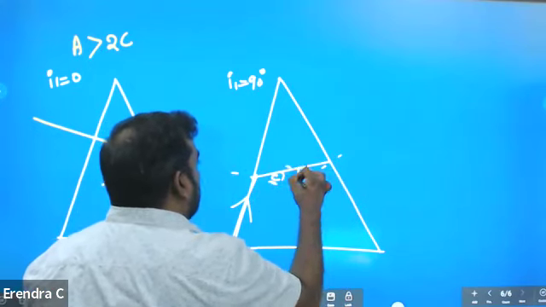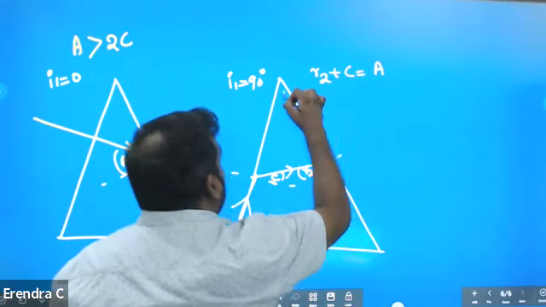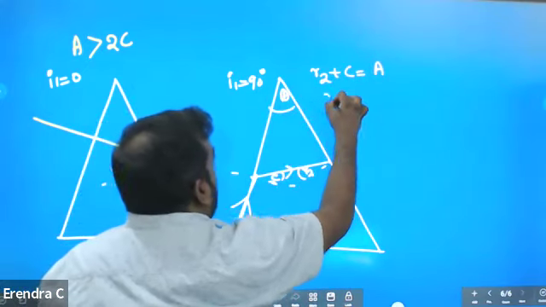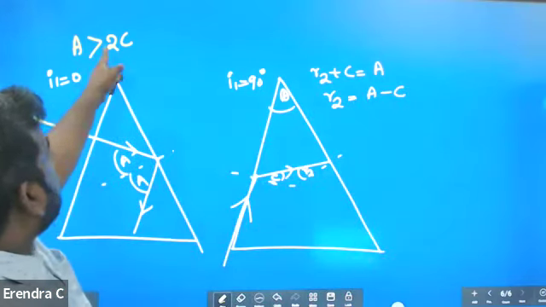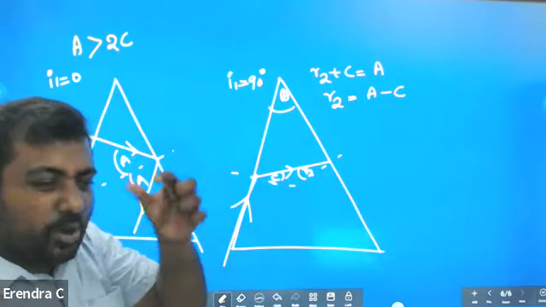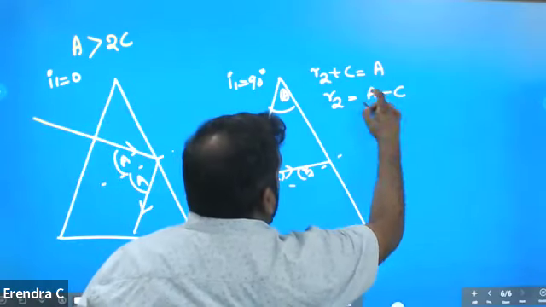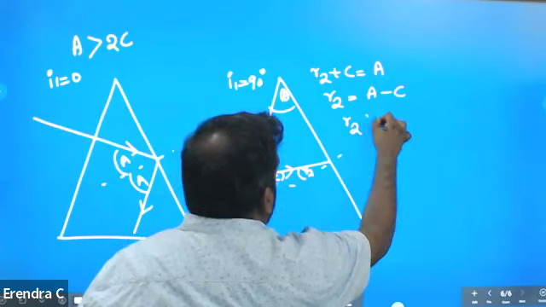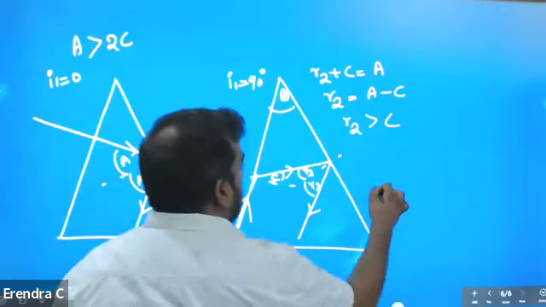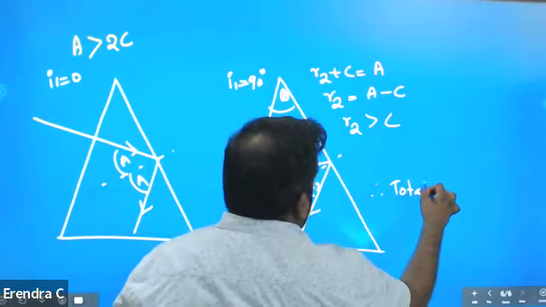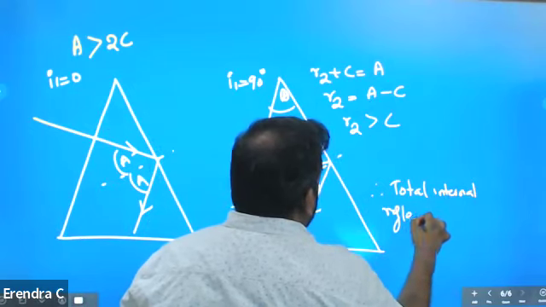Here R2 plus C is equal to prism angle, so R2 is equal to A minus C. A is larger than 2C. Take a very small increase, say 2.1C. 2.1C minus C is 1.1C. That means R2 is greater than C, so total internal reflection occurs.